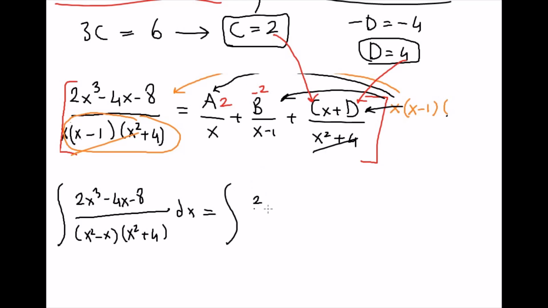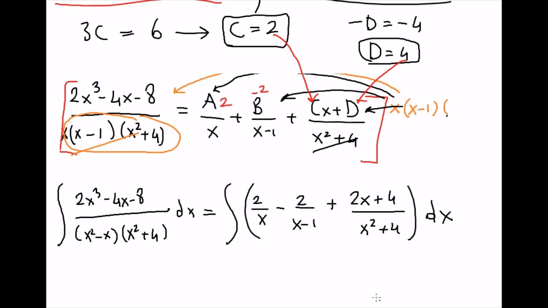So it's equal to 2 over x plus negative 2 over x minus 1 plus cx, c is 2, so 2x, and d is 4, plus 4 over x squared plus 4 dx. Now we know how to integrate each term one by one. Now we're going to integrate each term.